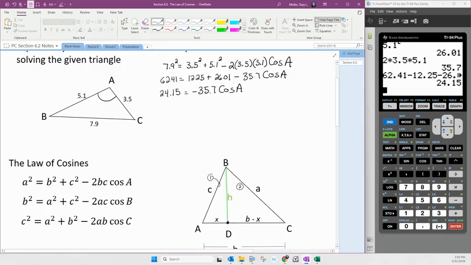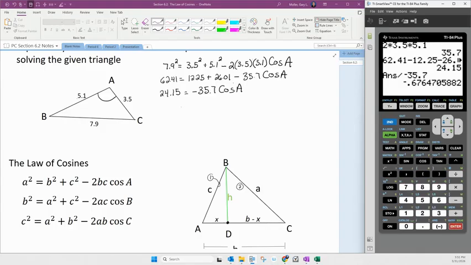So now I just need to divide the 24.15, which is still on my calculator, by the negative 35.7. And I get negative 0.67647 and some change, approximately equal to the cosine of A. I should not be at all concerned with the negative number, because I was expecting a negative number.